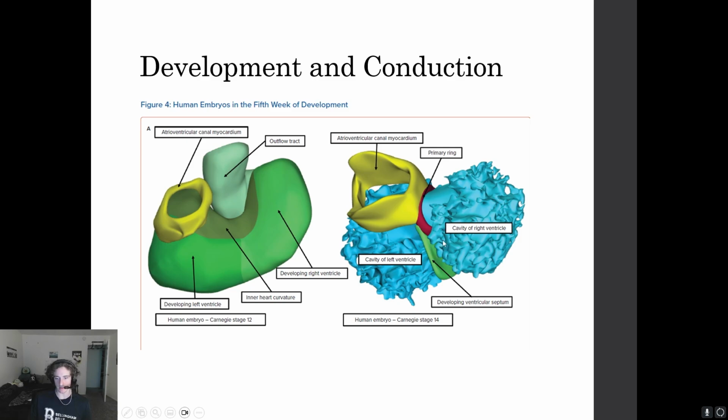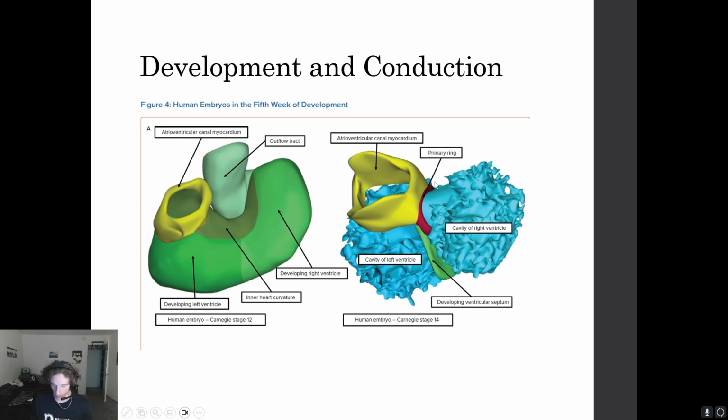And then there's a developing ventricular septum here, but again, blood would be flowing from the atrioventricular canal, left ventricle, right ventricle, and then out. And then here we see this structure called the primary ring.